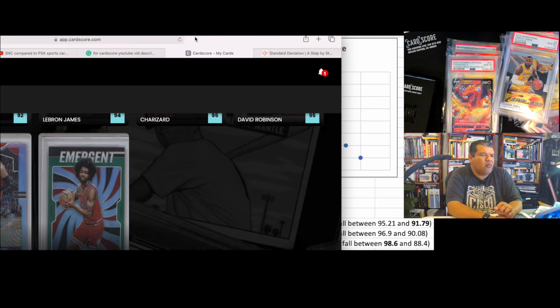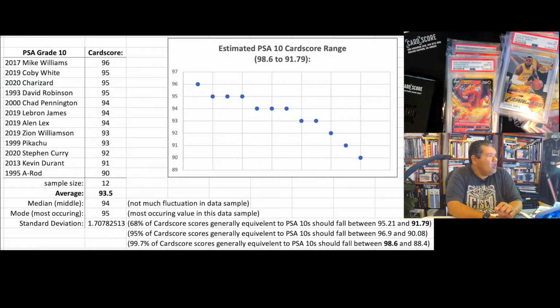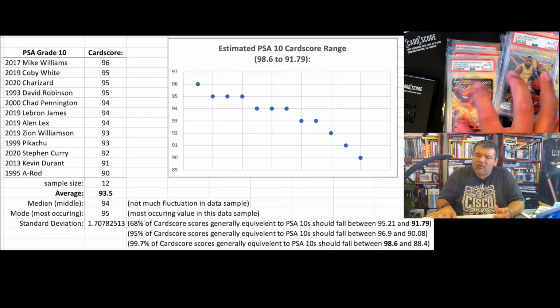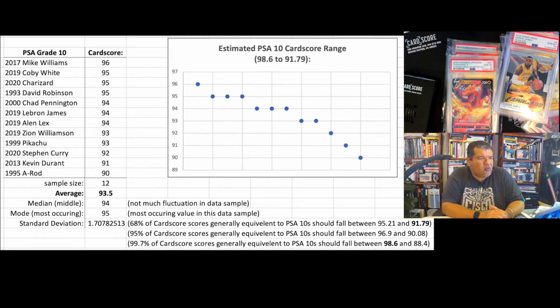So, pretty cool service. And these are the results that came back in this spreadsheet here. The average I found for all these cards that were PSA 10s was 93.5.